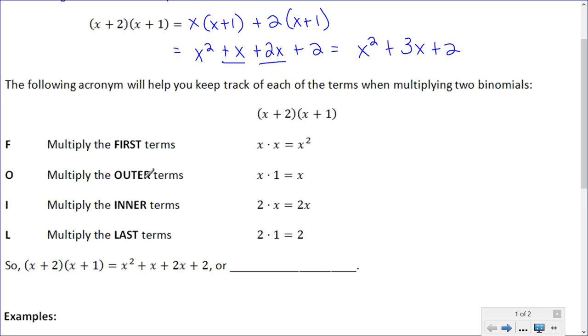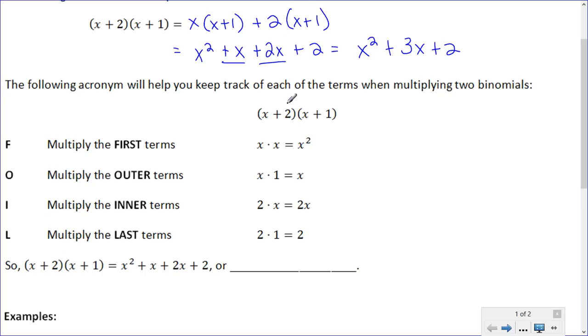When we multiply the outer terms, that's x and 1, the ones on the outside, x times 1, which is x. And that's what we got right here. Then when you multiply the inner terms, that's the two closest to each other. So here that's 2 and x. 2 times x is 2x. And that's what we got here.